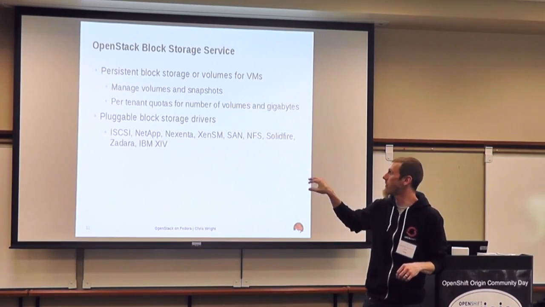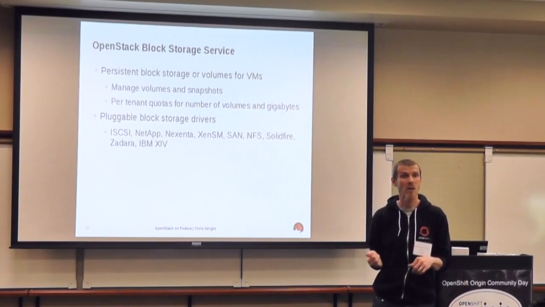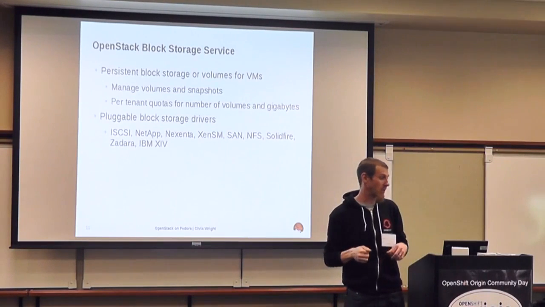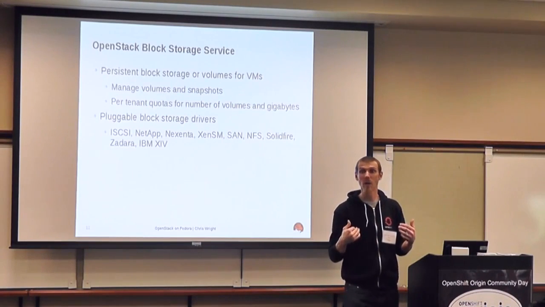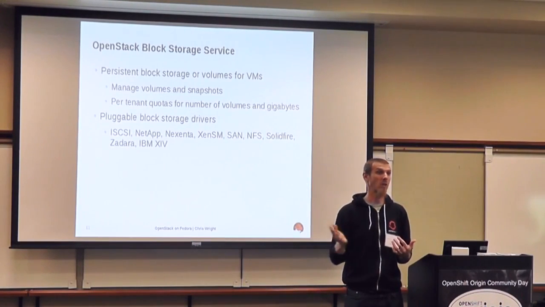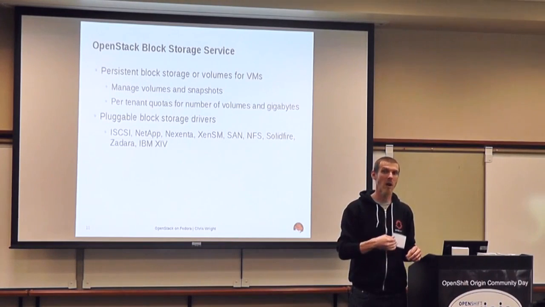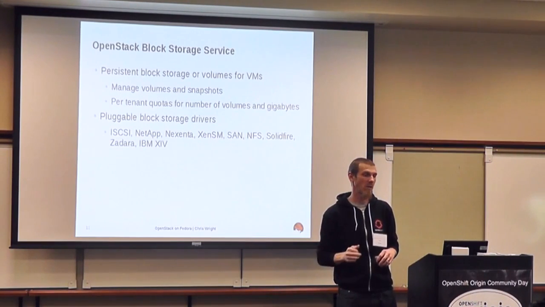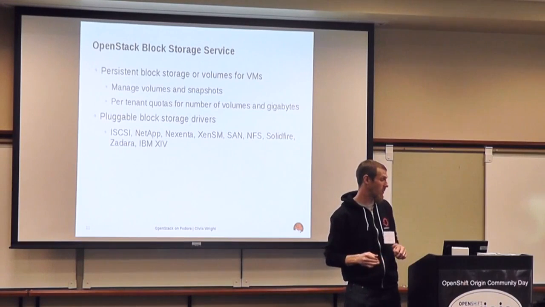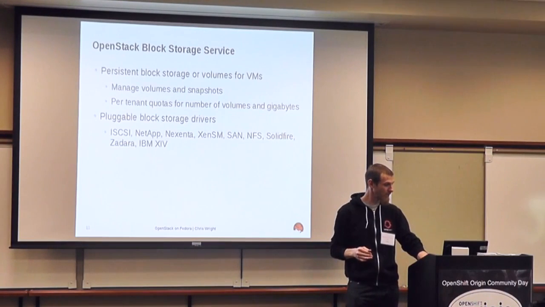This is the integration point for those vendors, and we're starting to see a lot of traction in the OpenStack community with new drivers. It's an area that Red Hat cares about because a lot of these are historically our partners. We're in the enterprise, non-virtualized world, and we still need to get access to these same storage devices. So for us, this is a really cool area. We're excited about it here.